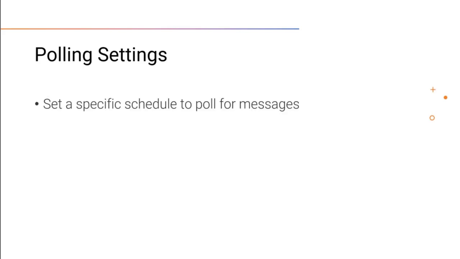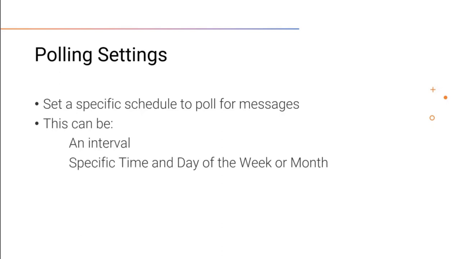Now polling settings allow a connector to actively poll according to a specific schedule. So this could be every few seconds, minutes, or hours. Or this could be a specific interval, time, or a cron job, which is more advanced, and we'll go over that in our advanced course.